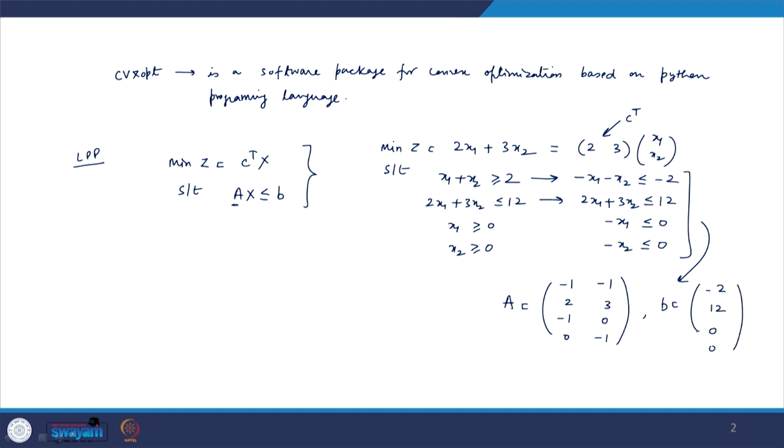And C is 2, 3. Now, you will write all these things using Google Colab or Python, and then you can find your optimal solution.